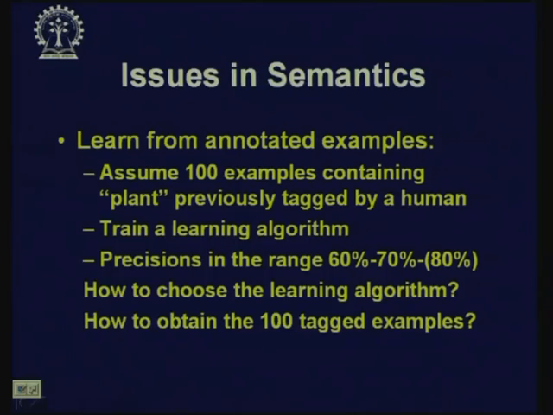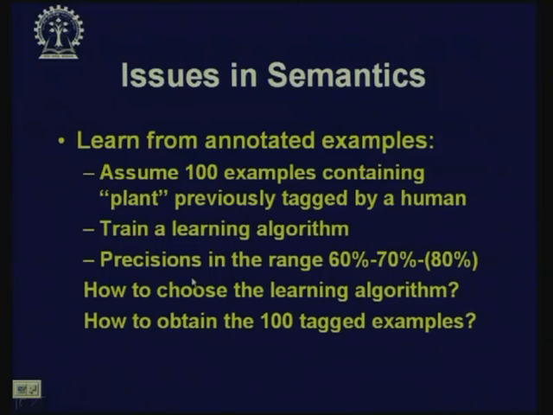So, we will train a learning algorithm and using that algorithm, when new sentences are fed, we expect that this algorithm will try to find the closest meaning statistically. Right now, the precision in this is a little more than 80% and a lot of research is going on in this area. And how to choose a learning algorithm is an issue.